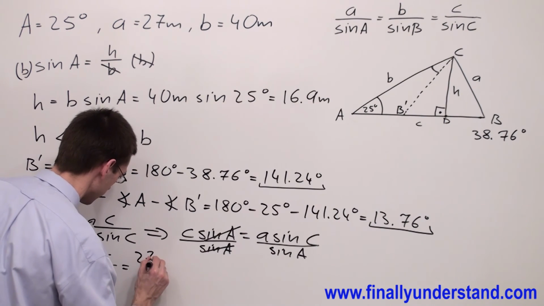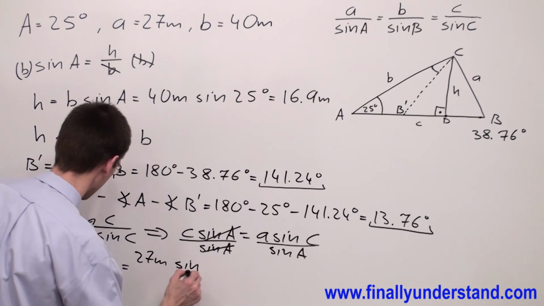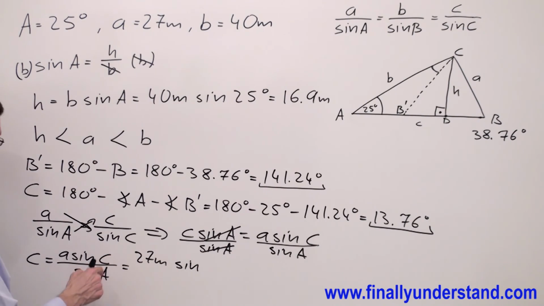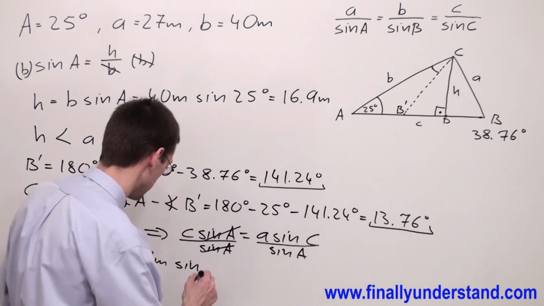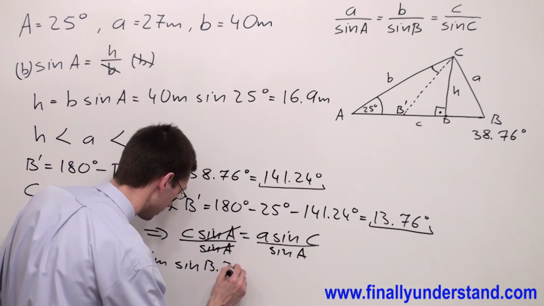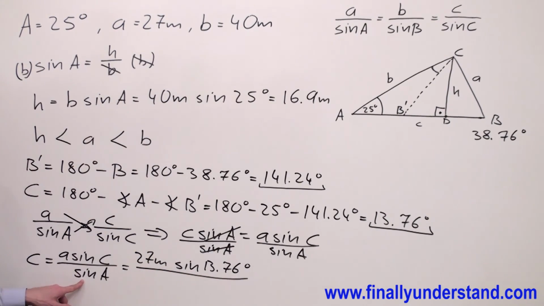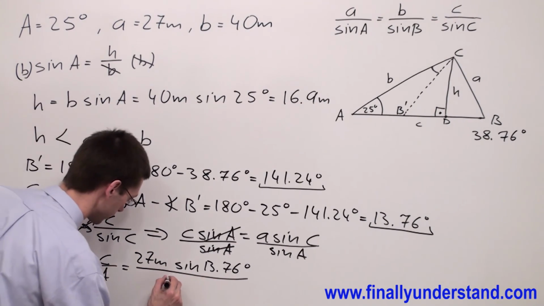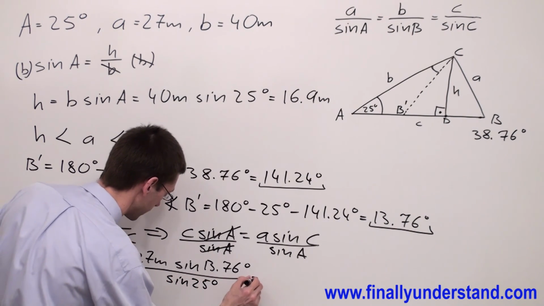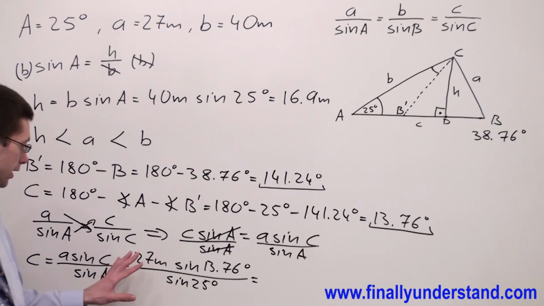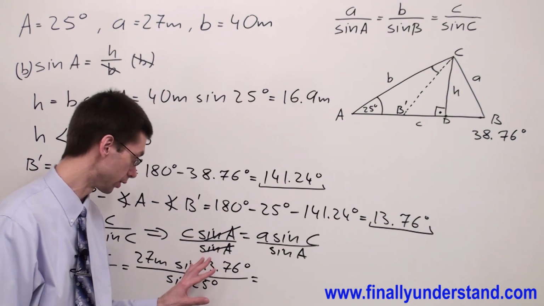equal to 27 meters, and we found angle C is equal to 13.76 degrees, so I have sine of 13.76 degrees over sine of angle A, so I have sine of 25 degrees. Again, plug everything into the calculator in one shot.